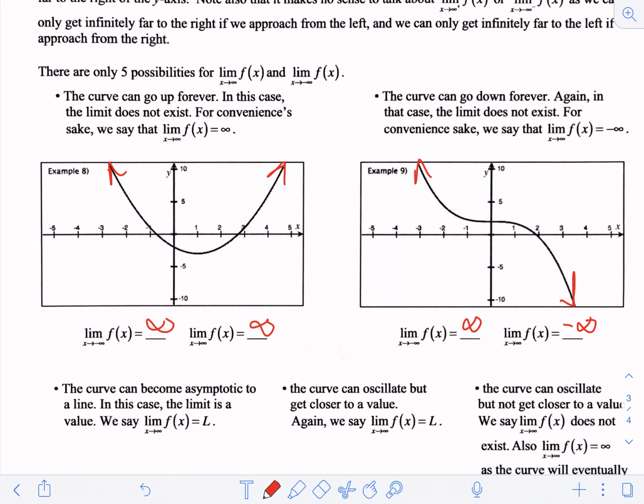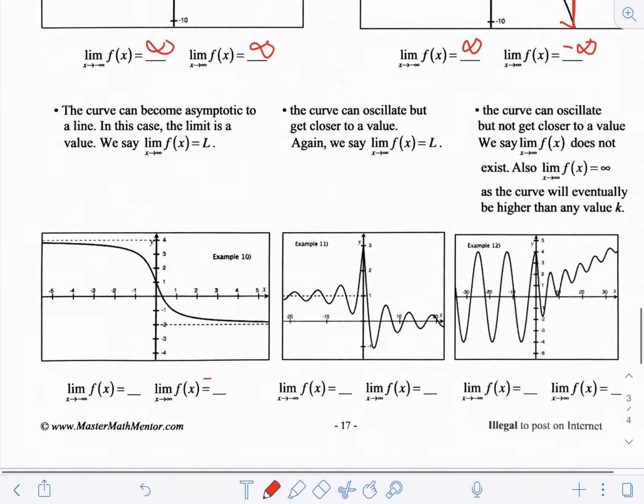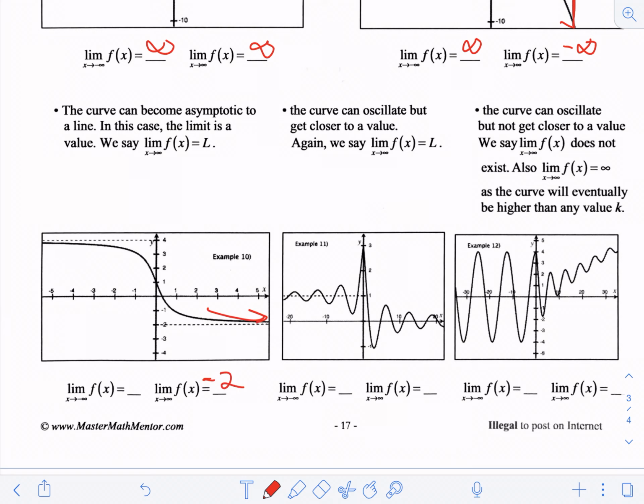This one, sorry, is positive infinity because it goes up forever. And then a couple other things can occur as my end behavior. Here, as x approaches infinity, it looks like it's getting closer and closer to that asymptote at -2. And here, as x approaches negative infinity, it's getting closer and closer to that asymptote at 4.